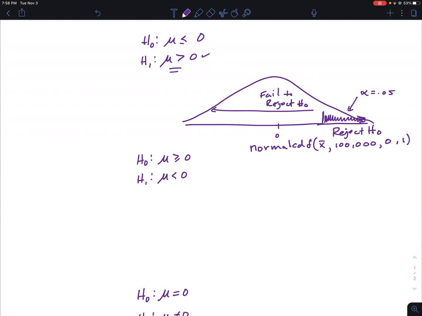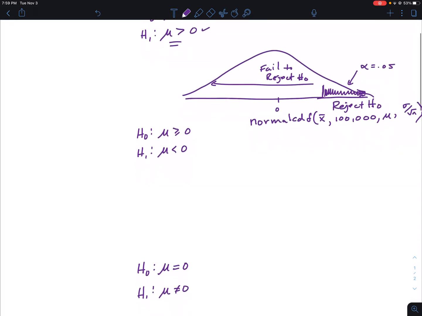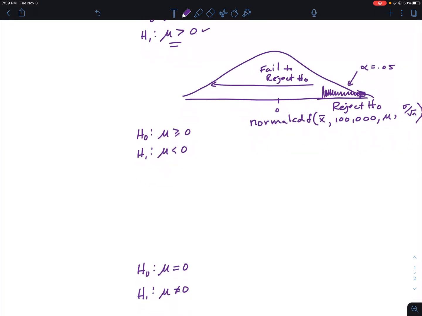I should write in the mu and not use 0 and 1, so let me be precise about it and write it down that way. So that's what our normal curve is going to look like. If we land in that little purple shaded region, then we know we're good to go. We're going to get a p-value that's less than our alpha if we land inside of that purple region.